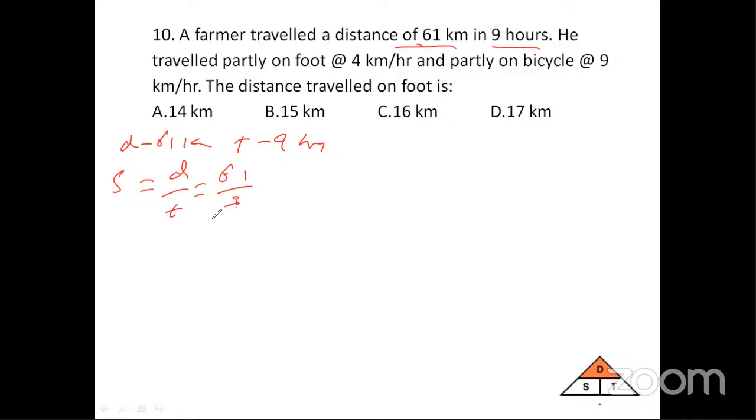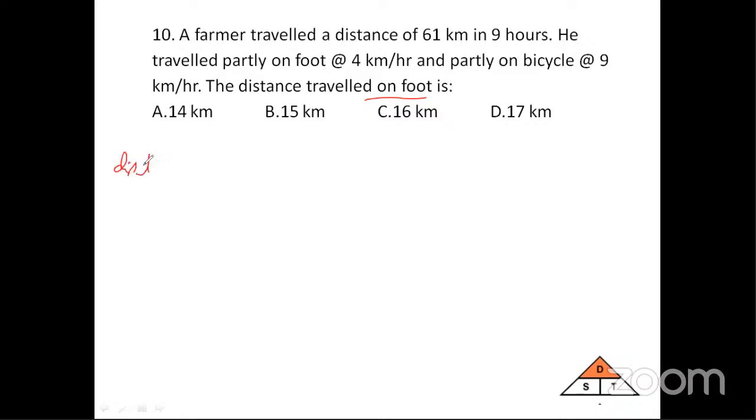Now if you observe carefully, there is one more twist here. It is told he traveled partly on foot at 4 kilometers per hour and partly on a bicycle at 9 kilometers per hour. There are two different things. So first we should calculate the distance on foot, which we don't know. So distance on foot we will take as x.